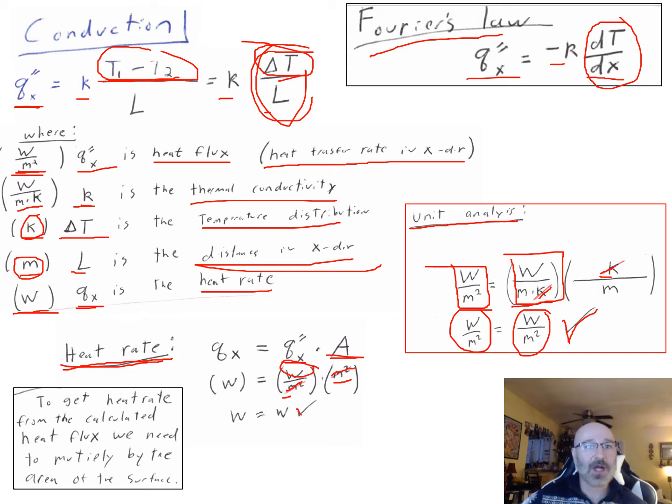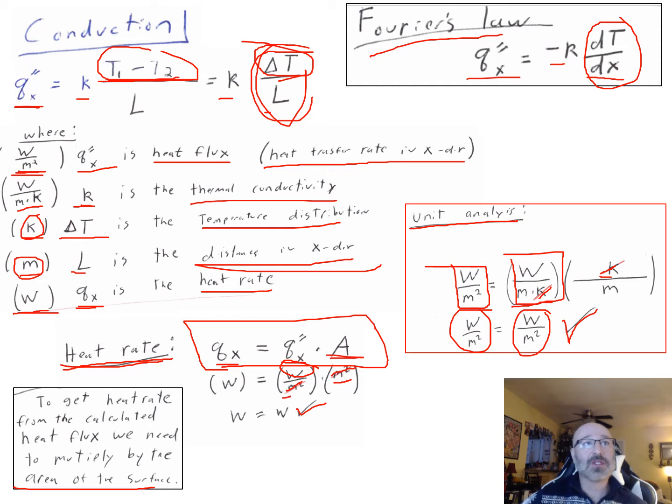So watts is equal to watts, double check. Yes, this is an appropriate conversion to get our heat rate value from our heat flux times our area. So again, I make a little note down here, to get heat rate from the calculated heat flux, we need to multiply by the area of our surface right there, our A value.